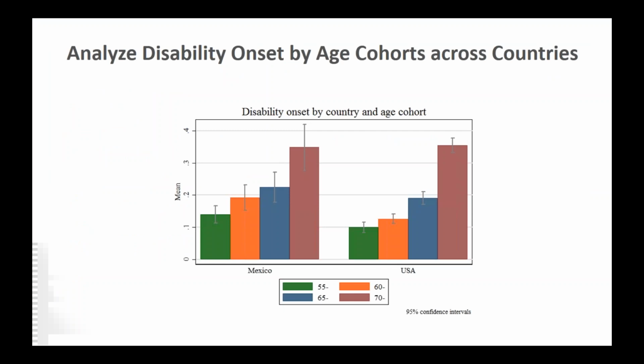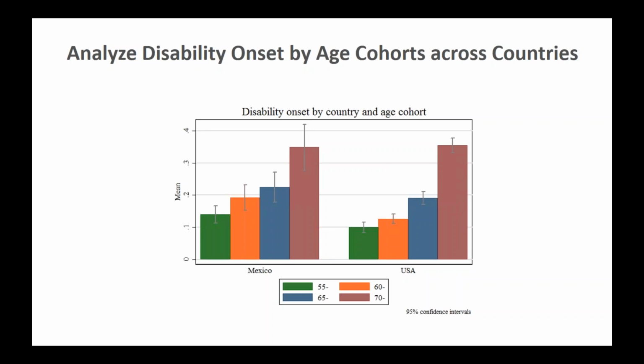You can see we also have the 70 plus population here, which I wouldn't consider as much because it's a selective group of people who are still living to 2012. But of the first years, the gradients look a little more even inside of Mexico than they do in the U.S., to me at least.